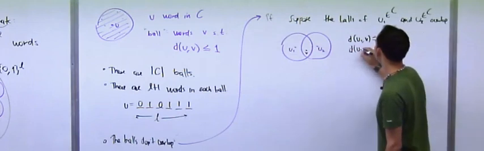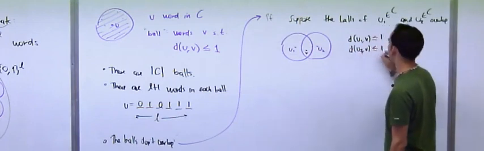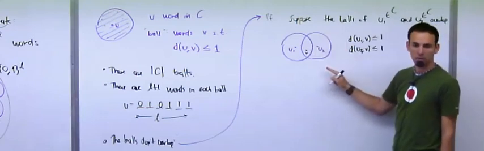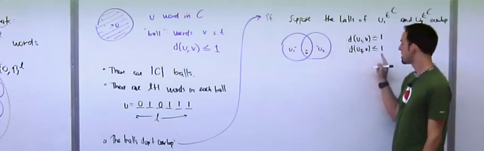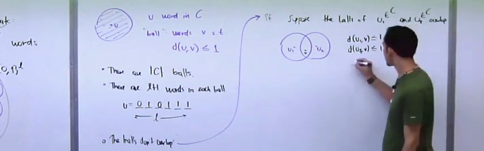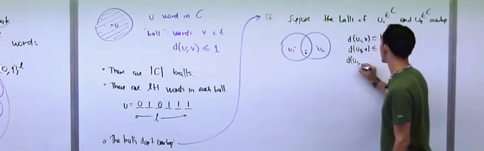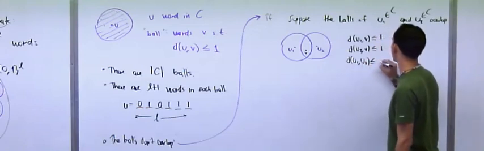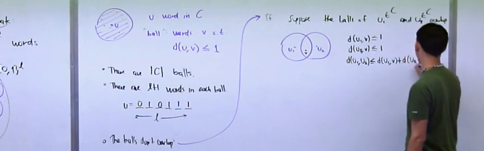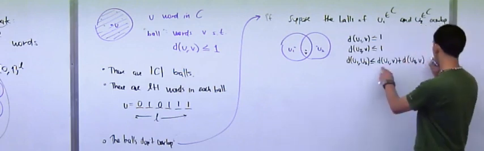The distance between U2 and V is at most 1, because V is in the ball of U2. But I said last time that this distance function satisfies the triangle inequality, meaning that the distance between U1 and U2 is less than or equal to the distance between U1 and V plus the distance between U2 and V, which is at most 2.